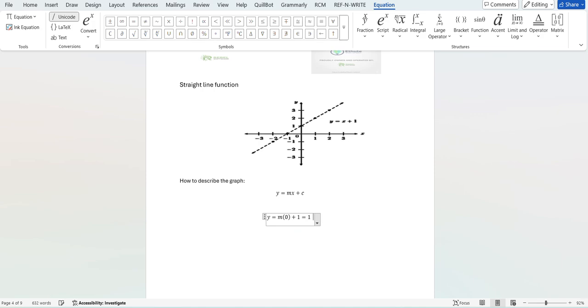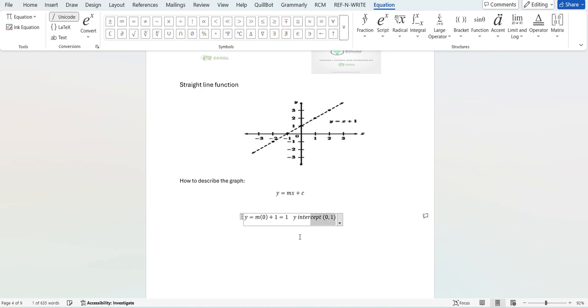So our y-intercept is given by the value of 0 for x and 1 for y.